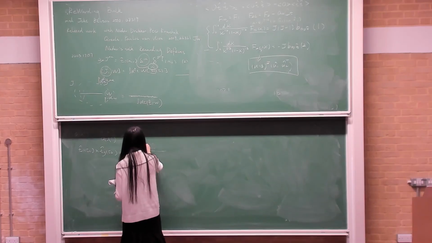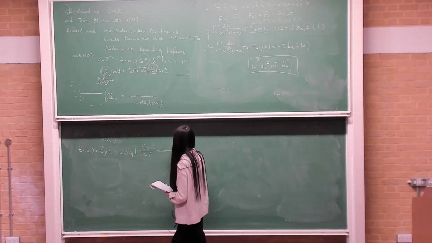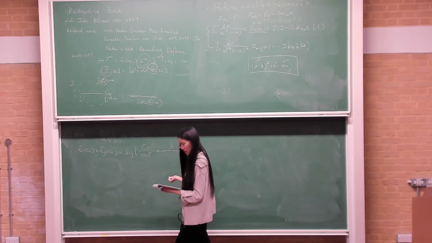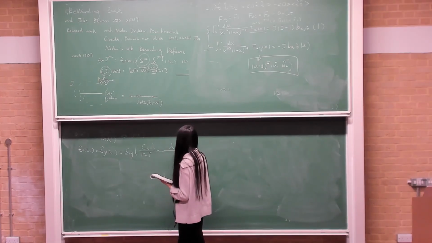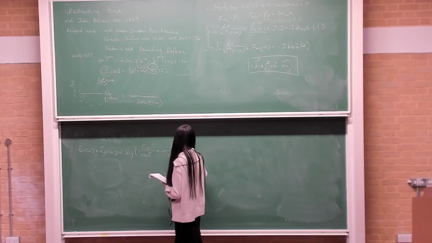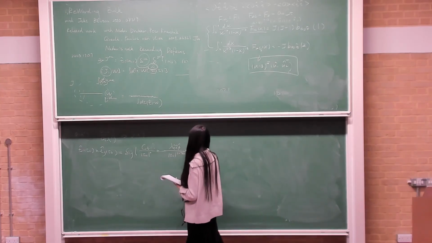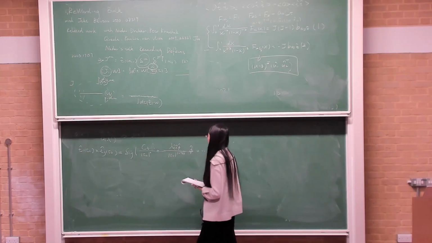And in perturbation theory, the second operator with the lowest conformal dimension will be the phi operator, and all the other operators have higher conformal dimensions.